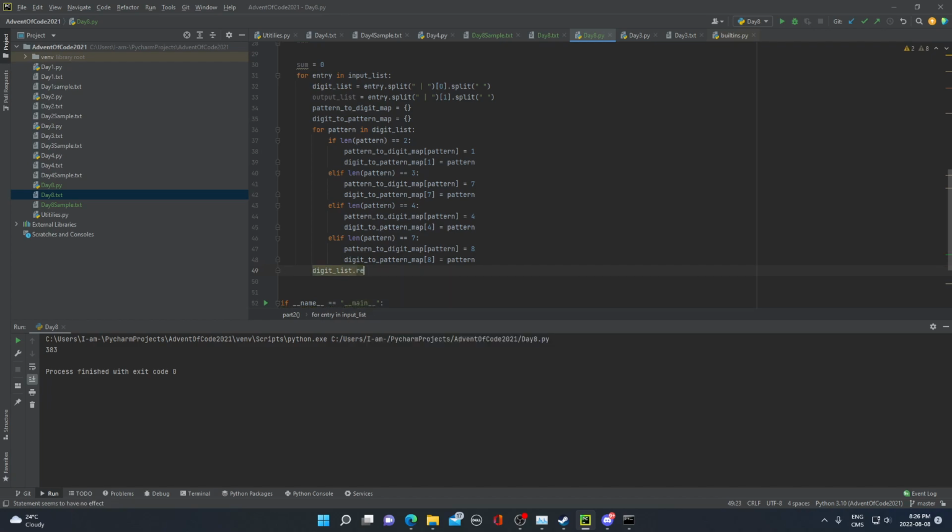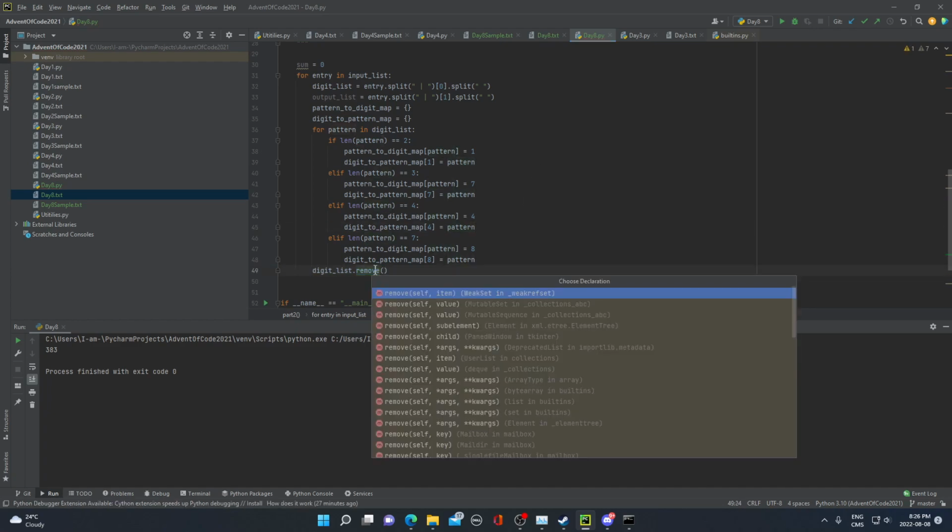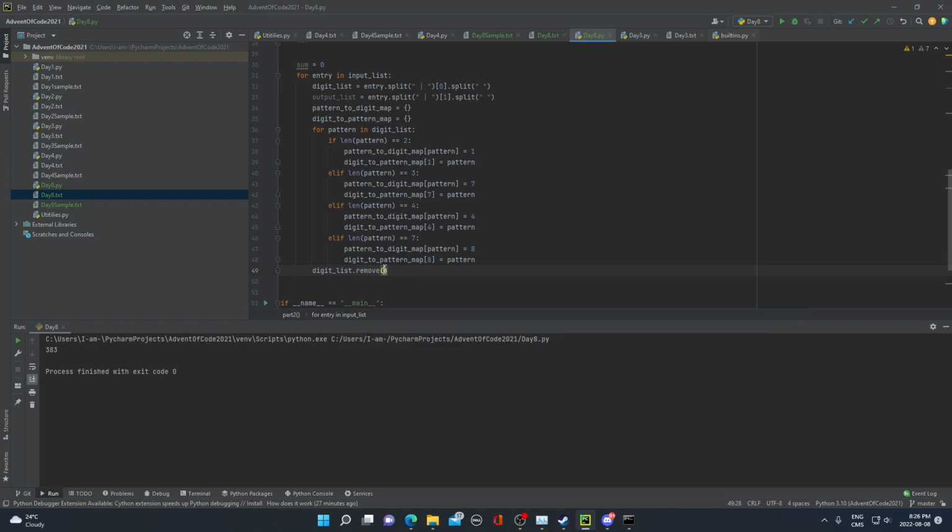And now we can actually just remove the values that we don't need in the digit list.